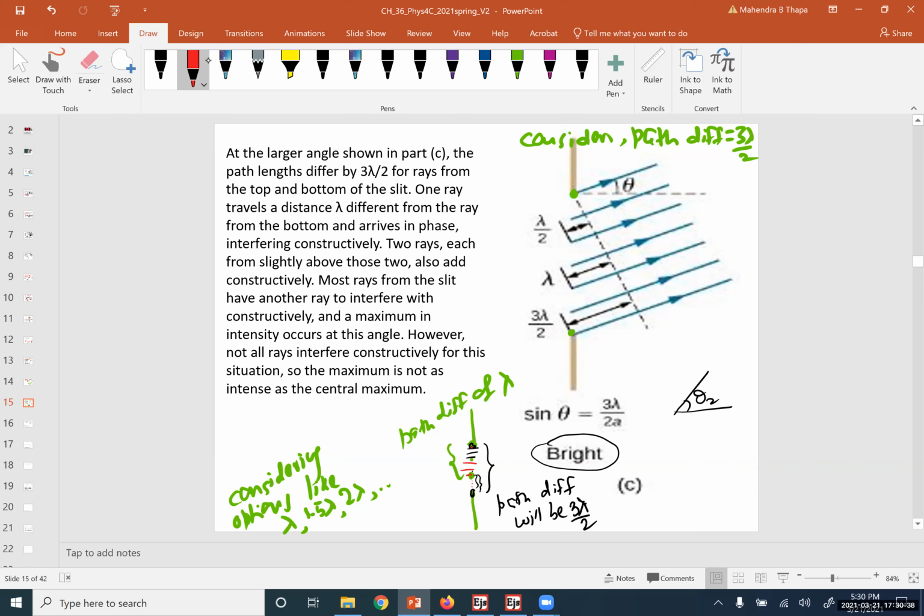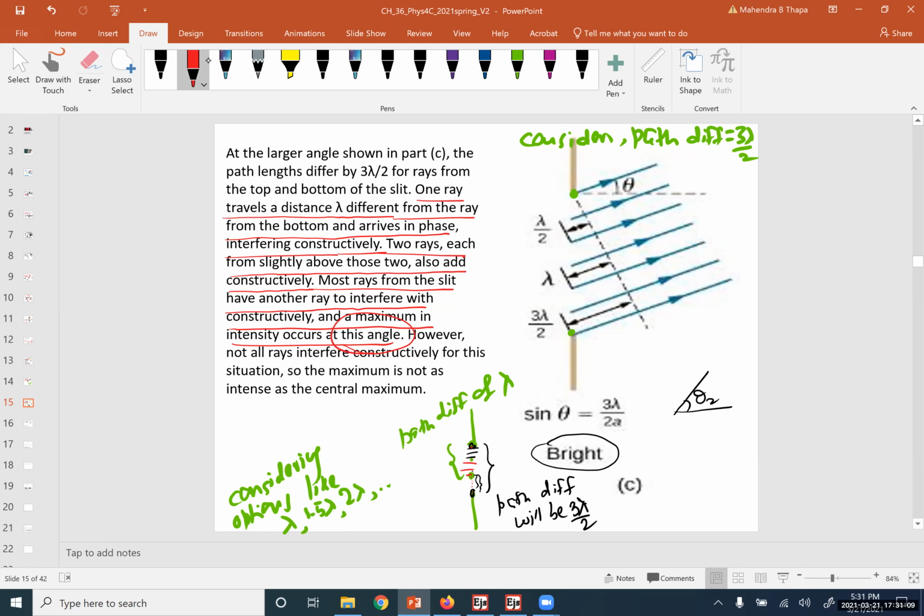So this means, say, one ray travels a distance lambda different from the ray from the bottom and arrives in phase and interferes constructively. 2 rays, each from slightly above these 2, also add constructively. So most rays from the slit have another ray to interfere with constructively, and the maximum intensity occurs at this angle. So at this angle means the angle is different at this time.